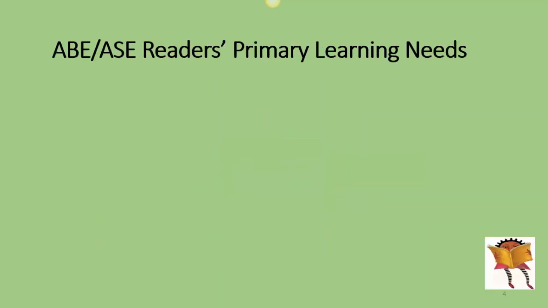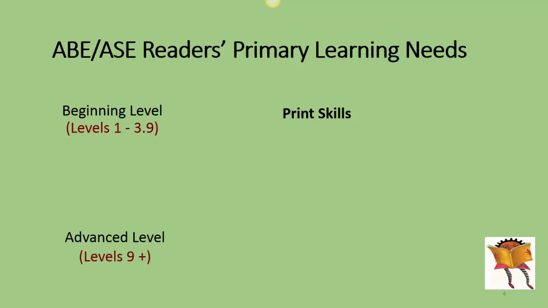So here are some of your ABE-ASE readers' primary learning needs. For the beginning level, 1 through 3.9, they need the print skills, as we just learned. And for the advanced levels, 9 through 12, they need meaning skills.